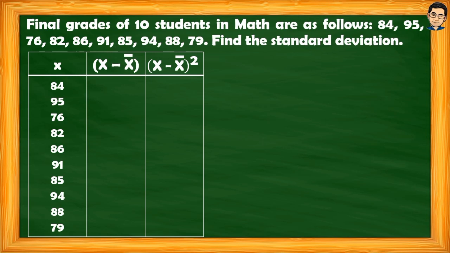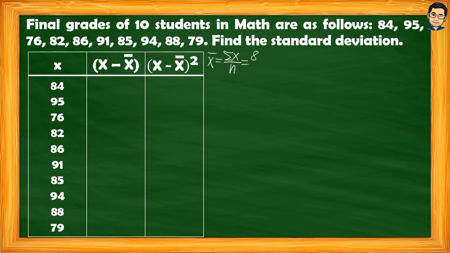So, the first step we need to do here is to get the mean. Okay. So, summation of x over n. We just add the grades we got.